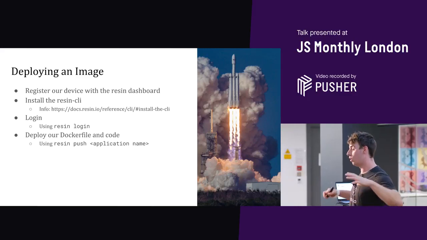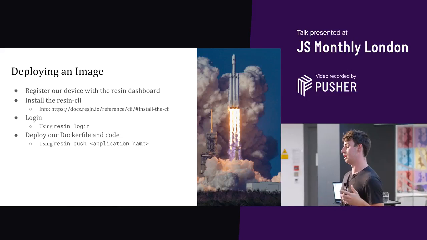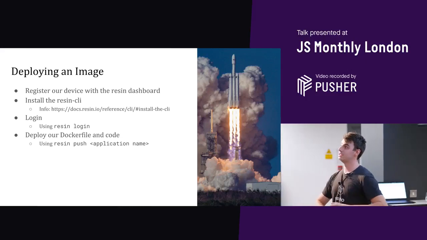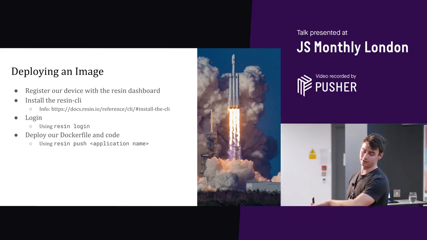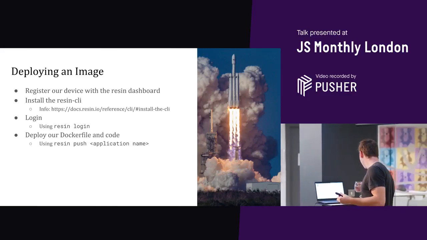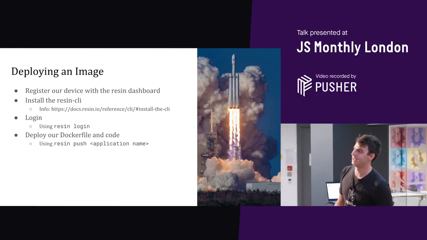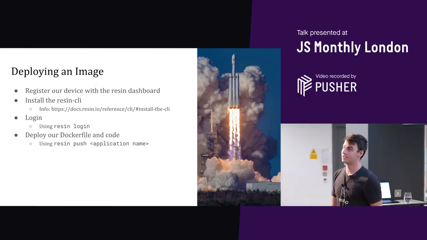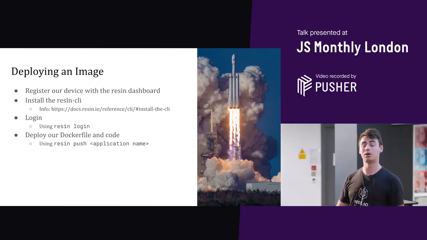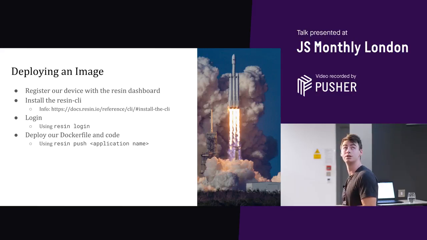This would take your current directory, which includes your Dockerfile. It includes your source code. It would package it up and send it away to our cloud build servers. Our cloud build servers come in different architectures. So we've got x86, we've got AArch64, we've got ARMv7, anything that you can deploy to, we've got a native cloud builder ready there to build your code into an image.